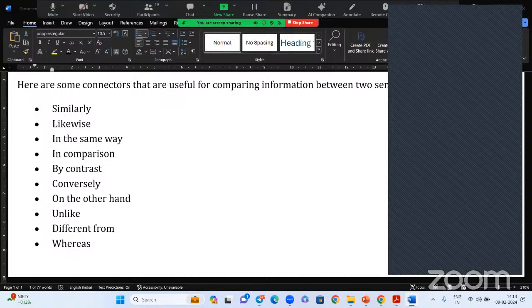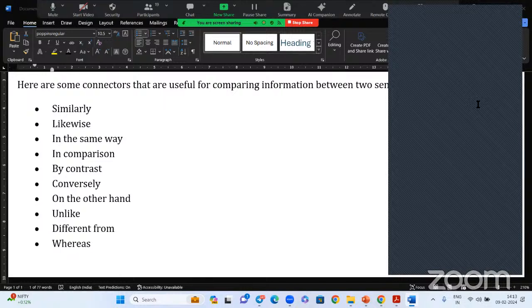So here there are two sentences, but in the previous one it is one sentence. The first one is an A grade sentence, and the second one is a B plus sentence.